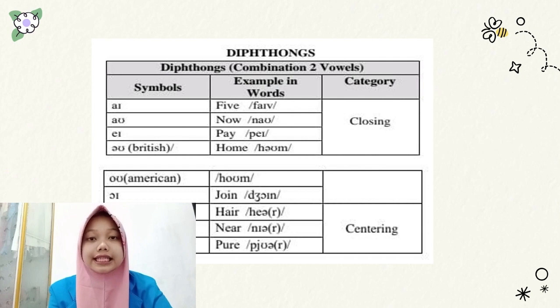The first is the sound in five. Word example is five. And then ow. Word example is now. And then the sound in pay.